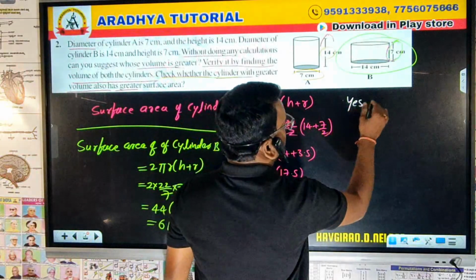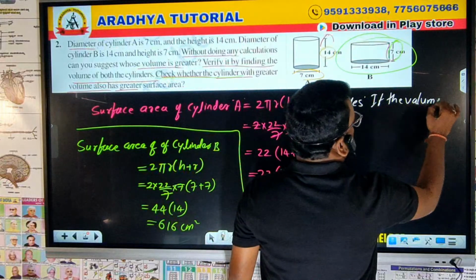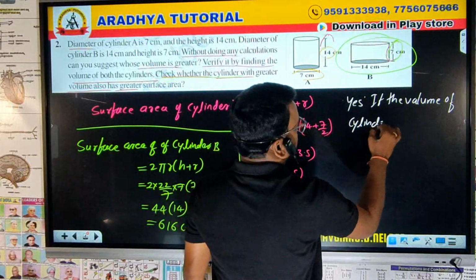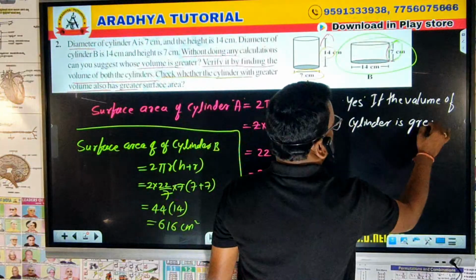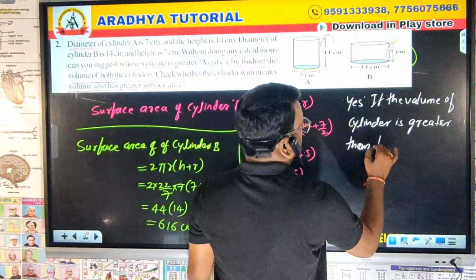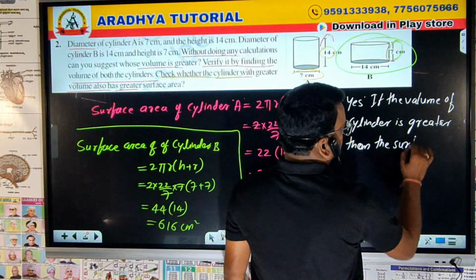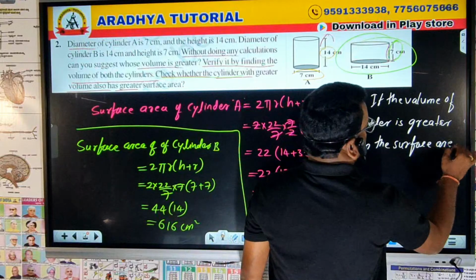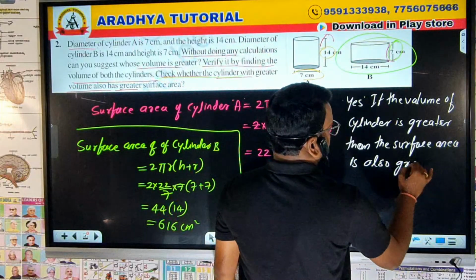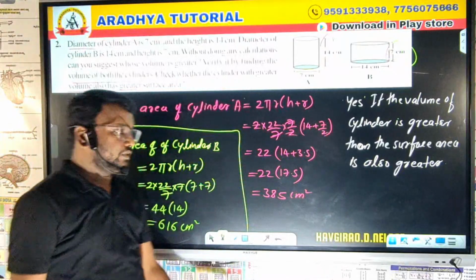Yes, if the volume of the cylinder is greater, then the surface area is also greater.